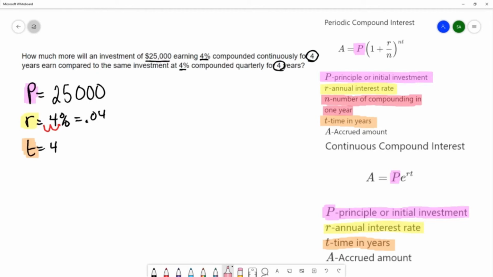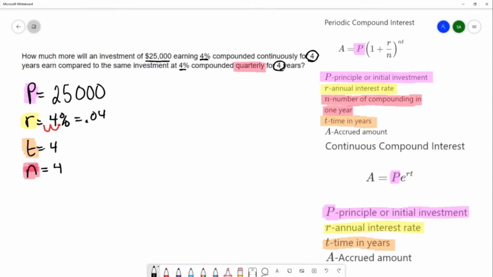We get that from the fact that the account is compounded quarterly, which means interest is added 4 times a year. So we're going to use 4 as the value of n. Now we're ready to use both formulas in the calculation.